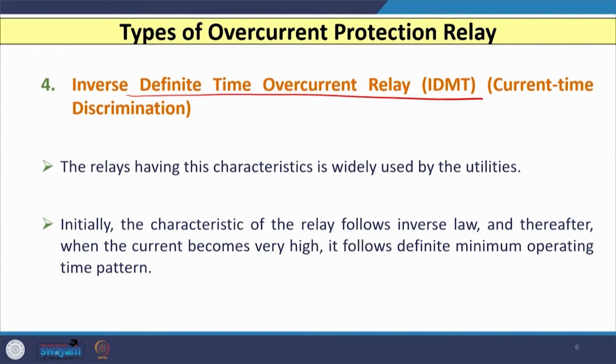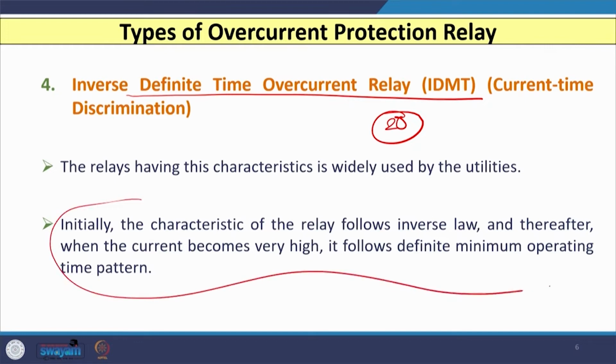In this, again, the discrimination philosophy is current and time. The only difference is that this relay follows an inverse relationship, that means as the magnitude of fault current increases, the time of operation reduces up to a particular value of plug setting multiplier, that is multiple of pickup current, let us say 20. If your multiple of pickup current or PSM exceeds 20, then the characteristic of this relay follows a different curve, let us say a definite minimum time curve, so that the torque or flux produced inside the disk of the relay saturates and the relay operating time remains constant.